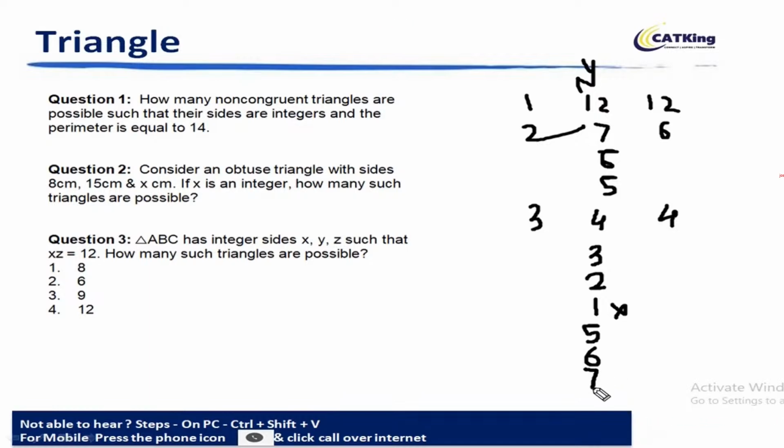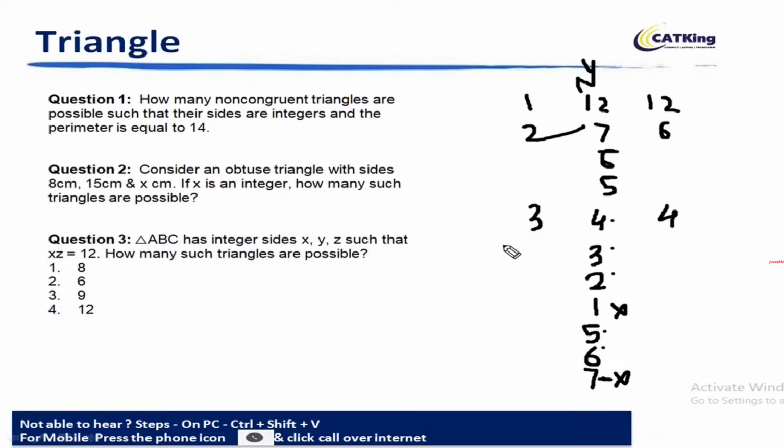What about 7? 7 is not possible because 3 plus 4 is 7, which is equal to this value, and any number beyond 7 is also not possible. So what are the values which are possible? 2, 3, 4, 5, 6. So these are the 5 possibilities when the product is distributed as 3 into 4.